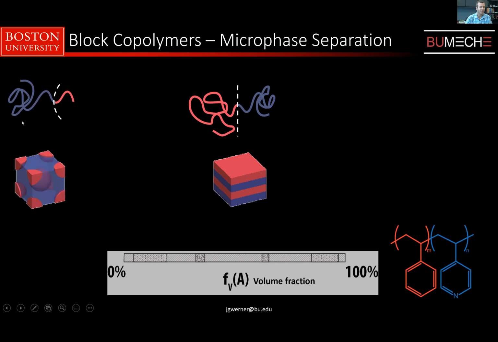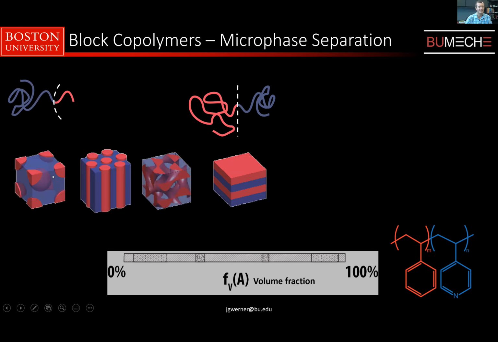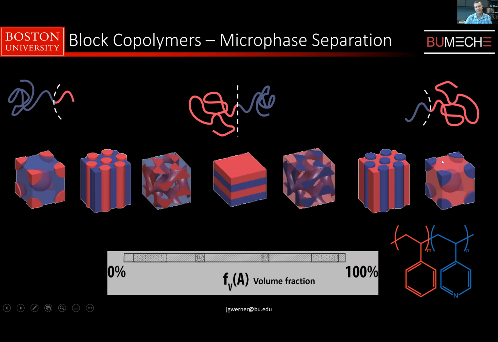Depending on the block ratios or volume fractions, they can form these micellar packed assemblies, or these cylinders, or even these three-dimensional gyroid structures. And if you turn the curvature around by making the red block bigger, of course, you get the inverse structures of those. So these are commonly observed solid state structures that block copolymers self-assemble into, depending on the volume fraction.